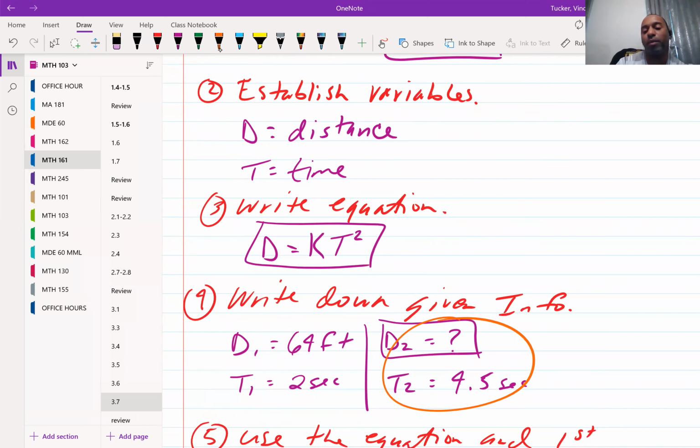Second relationship, 4.5 is your seconds, and we don't know the distance. That's what we're trying to figure out.